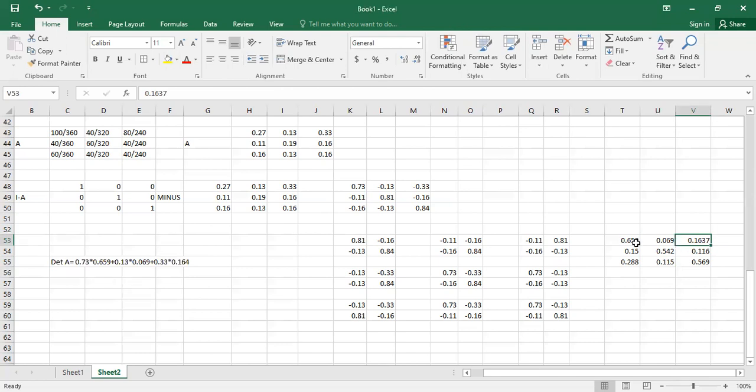0.544. You've made a mistake. You're supposed to put the signs when you are getting the determinant. Positive, negative, positive. So the second one is supposed to be negative. Give us the answer, but put negative in the second one.